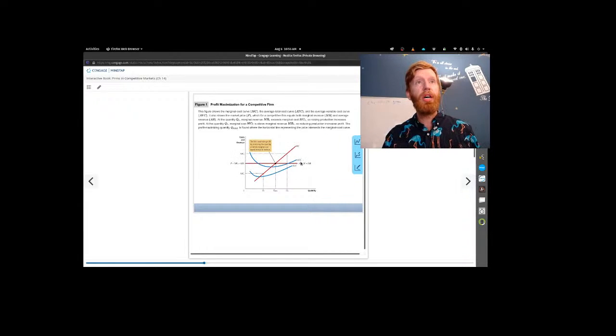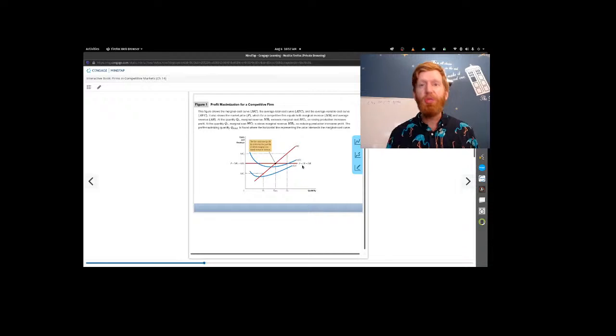And that's what's going on with this horizontal line. Price equals marginal revenue equals average revenue. The price is just $50 a barrel. The average revenue is, if I sell 100 barrels, I get 50 times 100, $5,000 total revenue, but per barrel on average, I'm getting 5,000 divided by the 100 I'm selling, which is $50 a barrel.